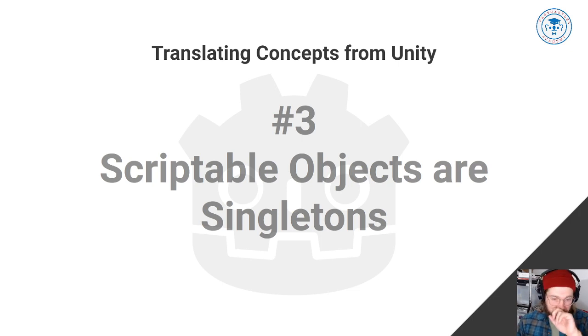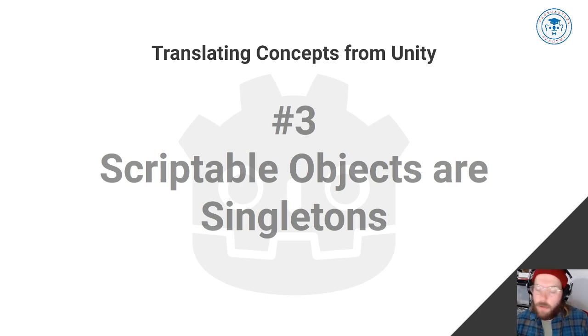Number three, scriptable objects, which is something that we might not have a ton of time to talk about today, but something that I found really important is understanding how you would store, retrieve, and transmit data over a bunch of different objects within a game.